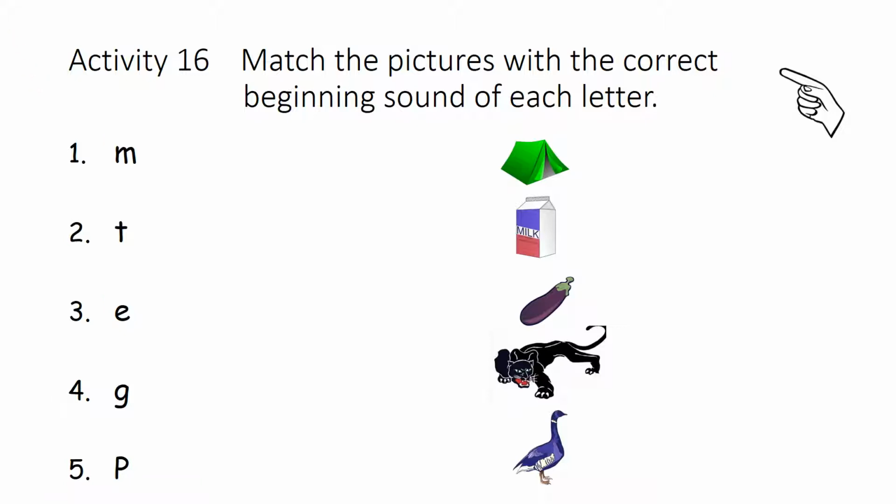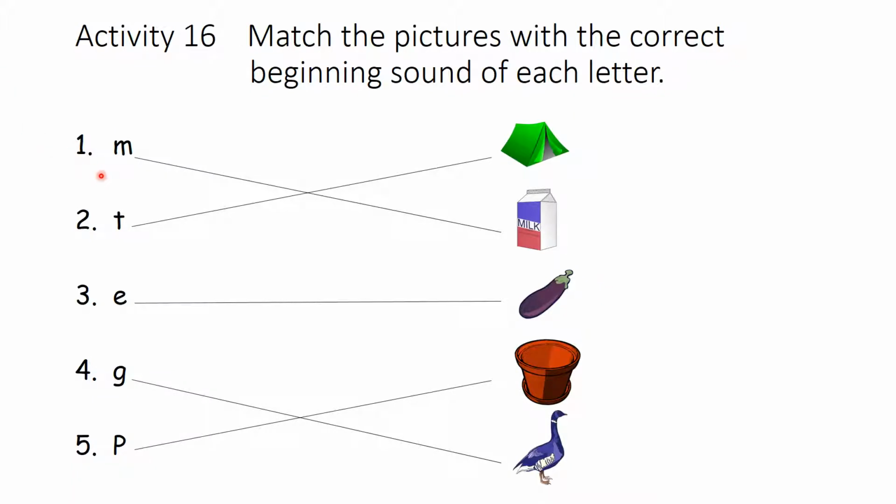Okay, let's check. Number 1, letter M, milk. Letter T, tent. Letter E, eggplant. Letter G, goose. Letter P, pot.